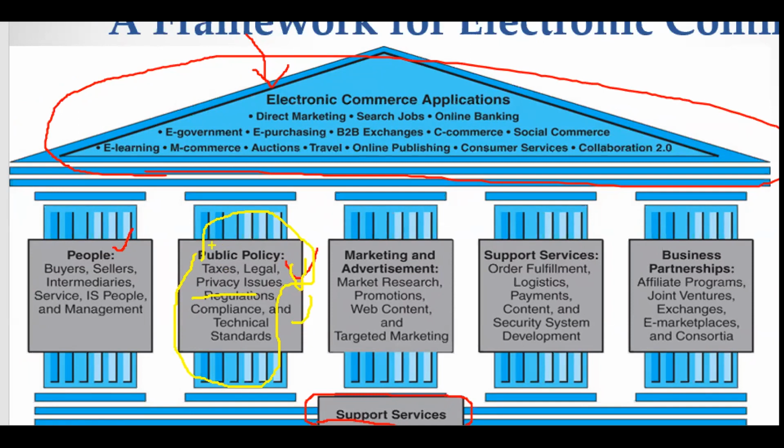For example, public policies, right? Like, if you want to open an online bank, online banking is also part of electronic commerce, right? Basically, you have transactions online. So in order to have online banking, the MAS, the Monetary Authority of Singapore, will dictate that you need to implement second factor authentication, something more than just a simple login and password, right?